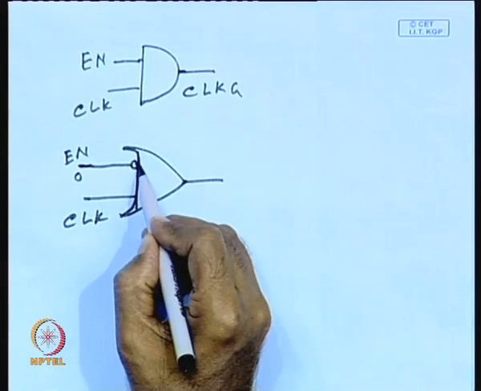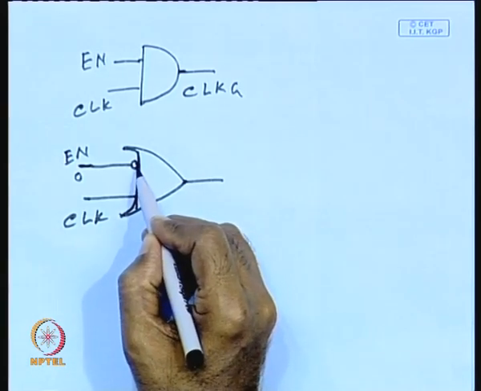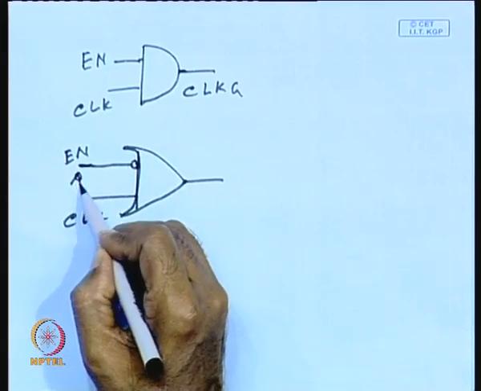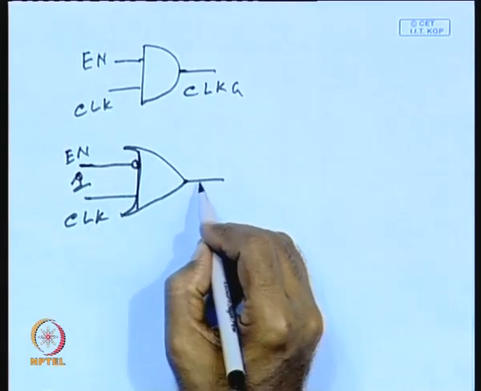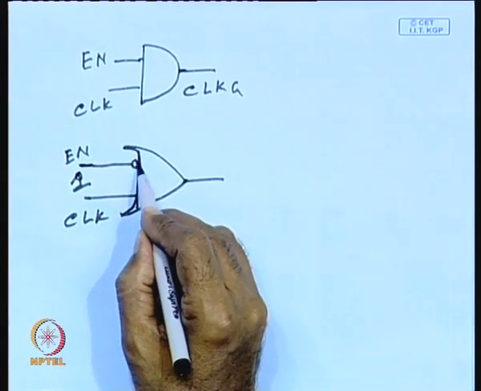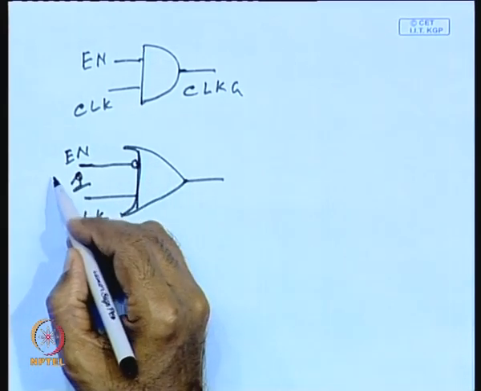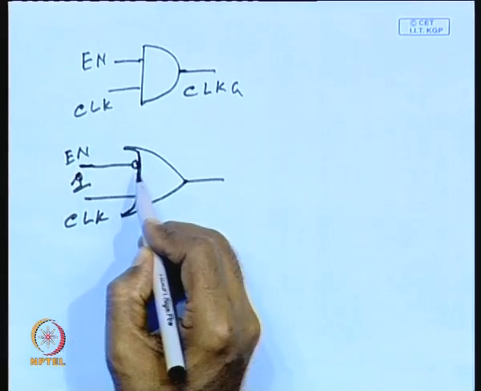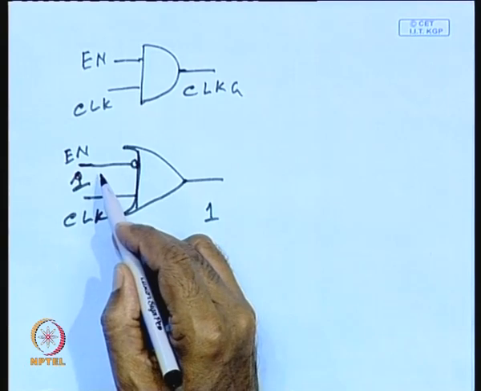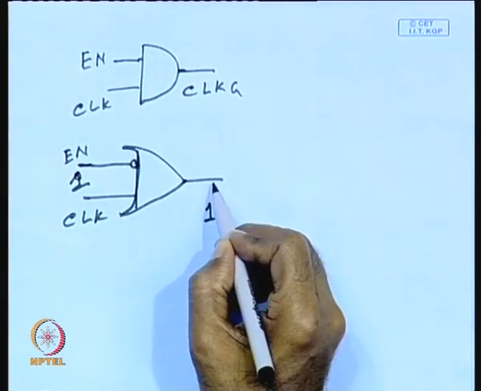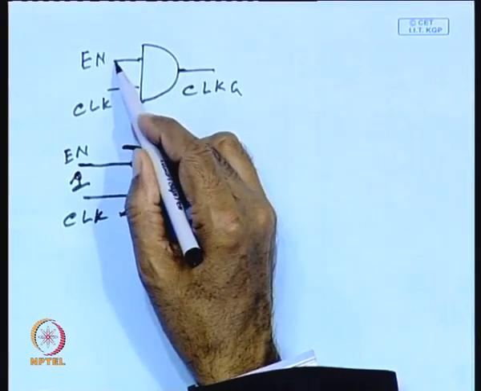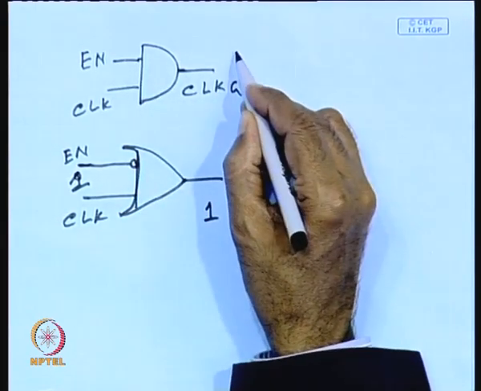But whenever the enable signal is 0, the output will always be 1. That means when the enable signal is 0, instead of allowing the clock to reach the output, it will always remain 1. On the other hand, in the AND gate, when the enable signal is 0, the output is 0.